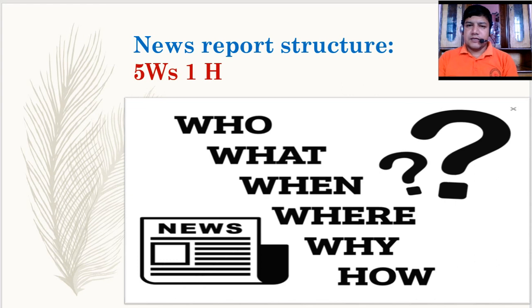Generally, while writing a news report, we have to keep a general format. In the language of journalism, we say it is 5 W's and 1 H. These 5 W's and 1 H are also called journalistic questions.